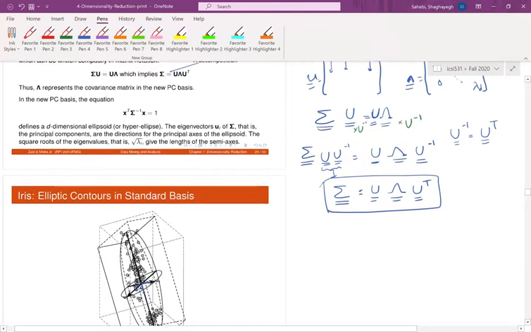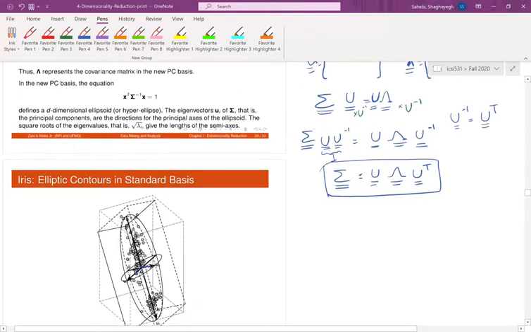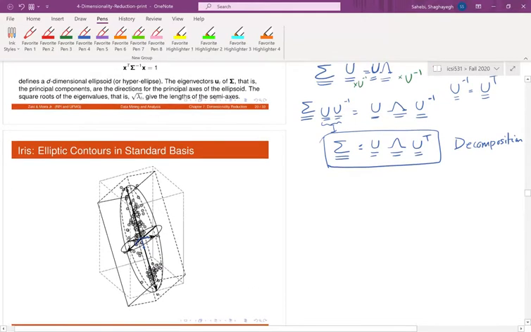So we can look at this decomposition in another way also. This is called a decomposition of our sigma matrix. Whenever we rewrite our matrix as a multiplication of other matrices, we are decomposing that matrix. So what are we doing here?